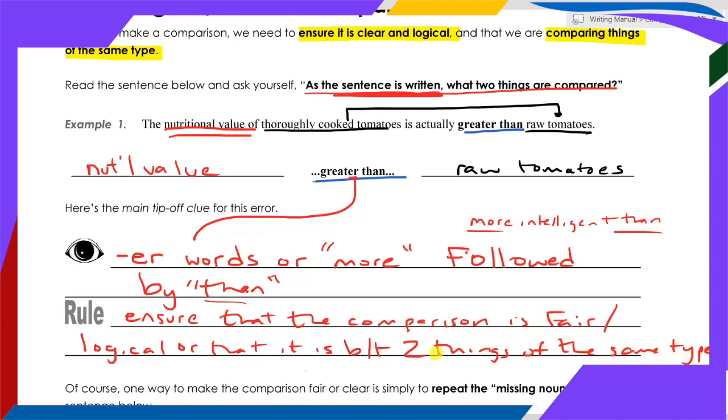That's what you need to do. When you see an "er" word or more followed by than, just look at the two things that are being compared and make sure those two things are of the same type. If they are, you've got a perfectly fine comparison. If they're not, you've got an illogical comparison.